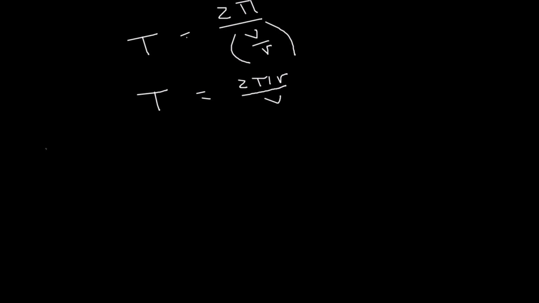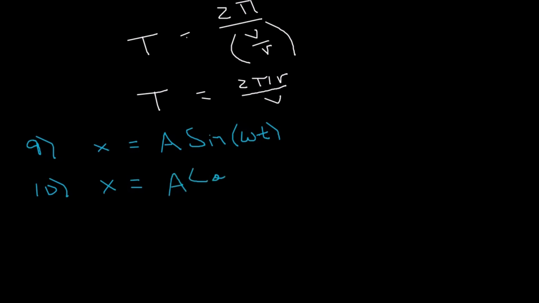Actually, I'll write out all 4 of the next equations that you need together. So equation number 9 is x is equal to a sine omega t. Equation number 10 is x is equal to a cos omega t.